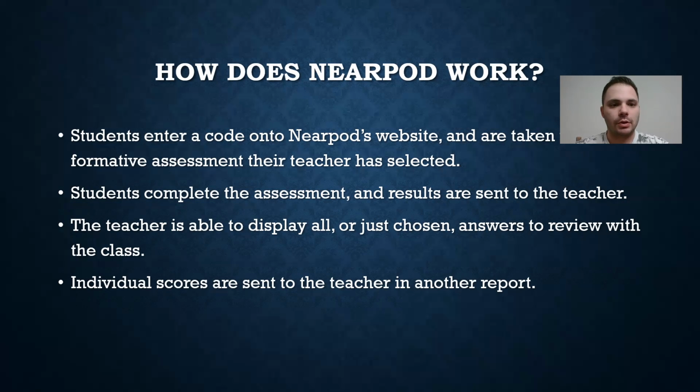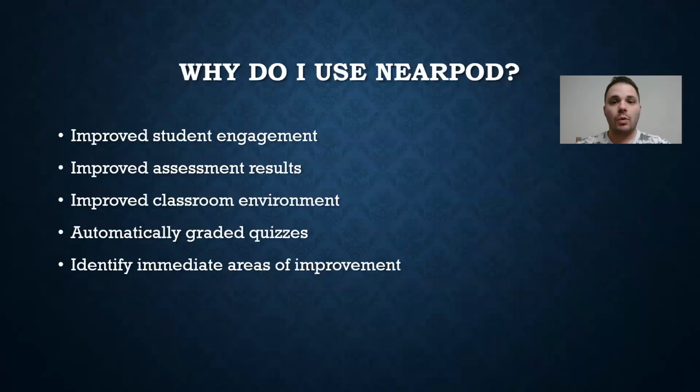And again, if those questions are purely objective, the answers are already in there. They've already been graded and they're ready to go. If there's a subjective or an open-ended question in there, then the teacher has the ability to go in and leave feedback and comments, as they would on any standard formative assessment. We've talked in this class already about the importance of offering feedback for formative assessments, and Nearpod definitely allows you to do that.